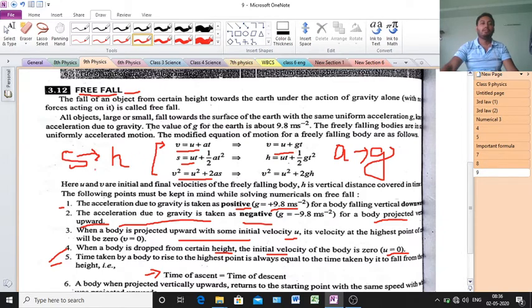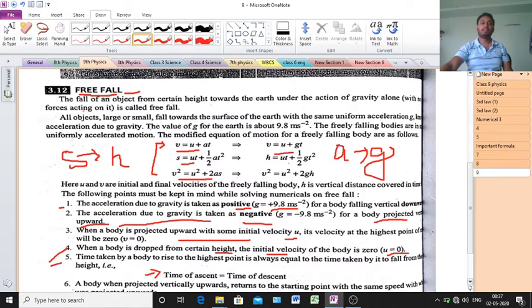Okay, again s, what is s? S is displacement, that means from one point to another. Here the concept is height, that means when a body is thrown downward from above. Let's say this body is dropped from above downward; in that particular case there is a height, so instead of s just put h, clear?